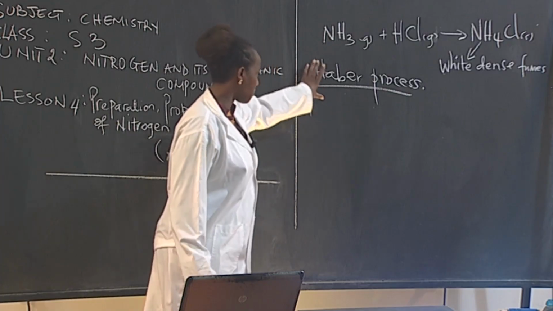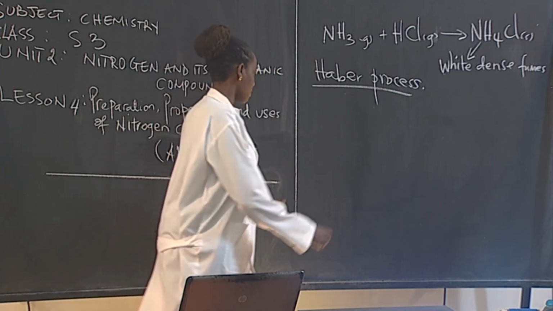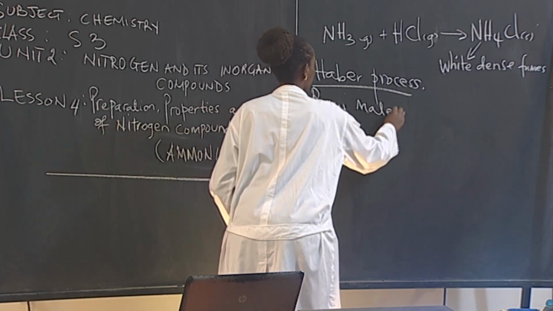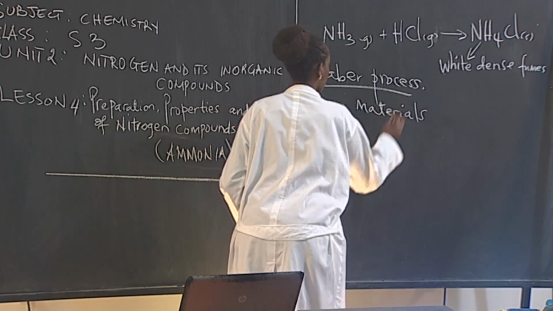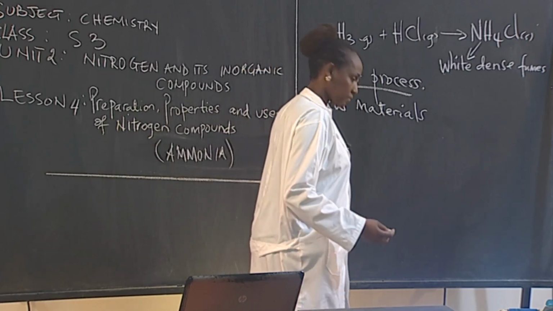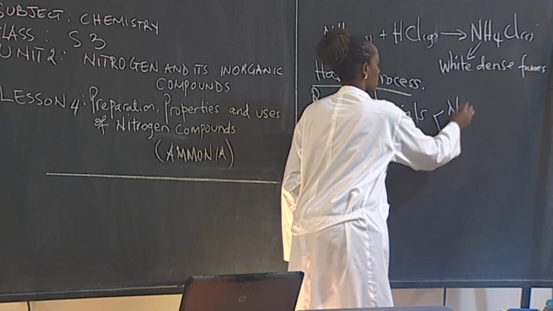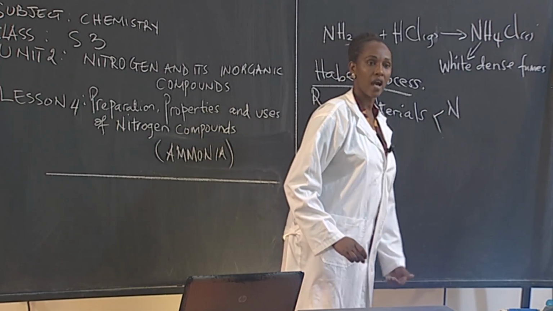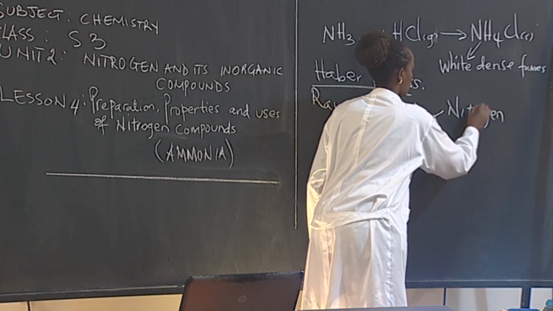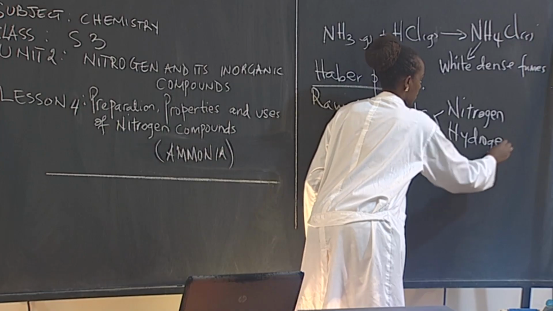So in the Haber process, there are things we need to have. Those are raw materials. The raw materials we're supposed to have are majorly two: nitrogen and hydrogen.